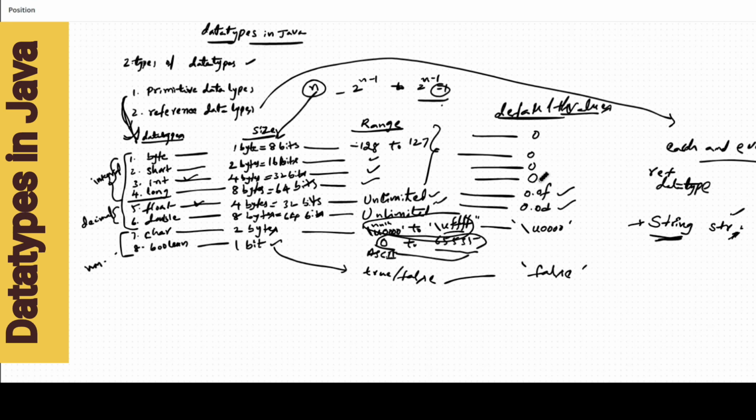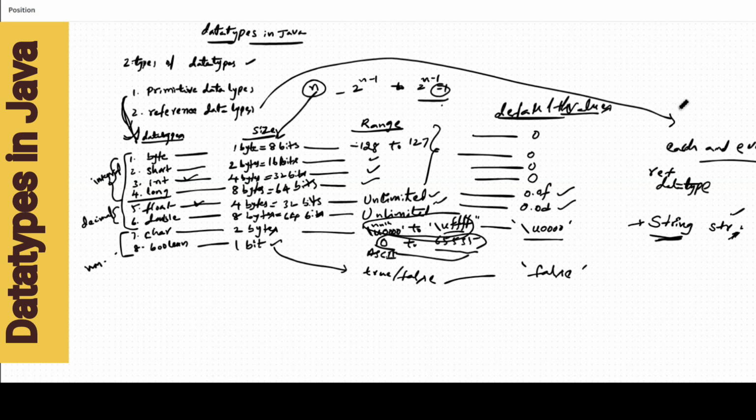The default values are zeros for integral, 0.0f for float, and 0.0d for double, and null for the char data type. If you are not assigning any character to a char type variable, it will automatically take the default value. If you are not assigning any value to a boolean type variable, the default value is false. These are the primitive data types.